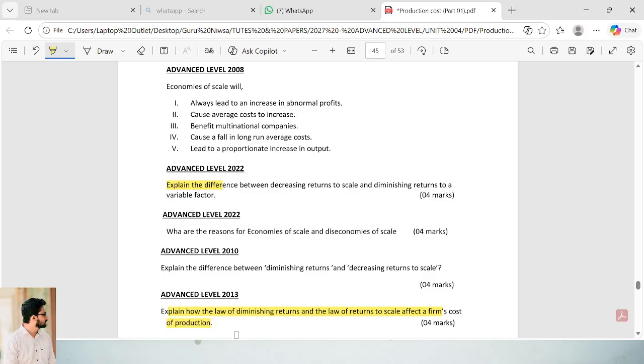The law of returns to scale affects long run average total cost. Okay, so this is for you, 2010, 2022, 2020. But I'll send this last part to the group because I think these past paper questions are not in your tute. Okay.